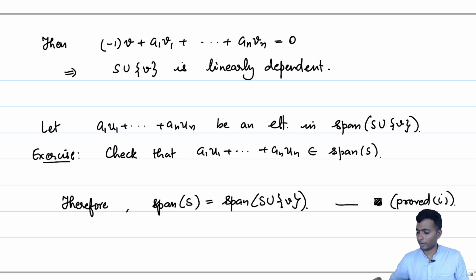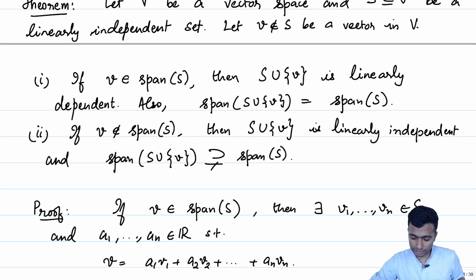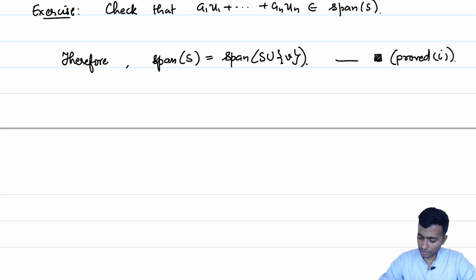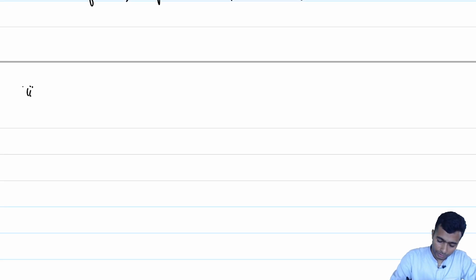Okay, we are now left with proving the second statement. If V is not in span of S, then S union V is linearly independent. Okay, so let me just write it down.